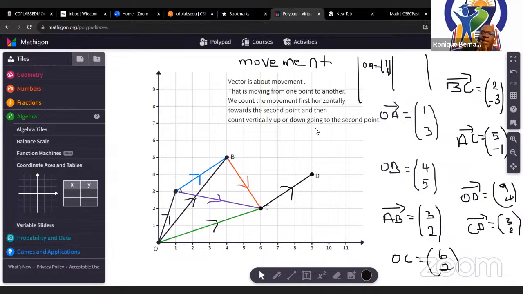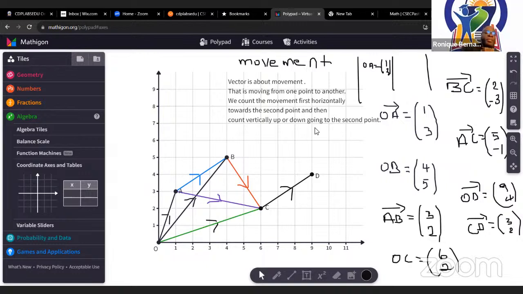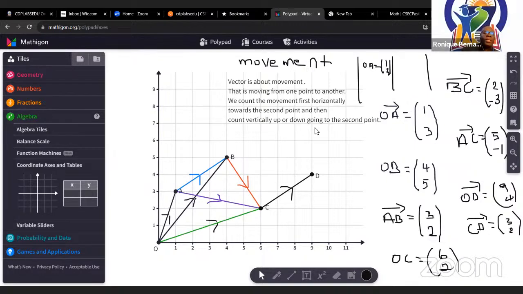OA is the starting point, and then you're coming on to something. Which one is the ending point? A. No, man. AC is what you want to achieve. AC is what you want to achieve. But you say OA is the starting point, and then what now is the ending point?